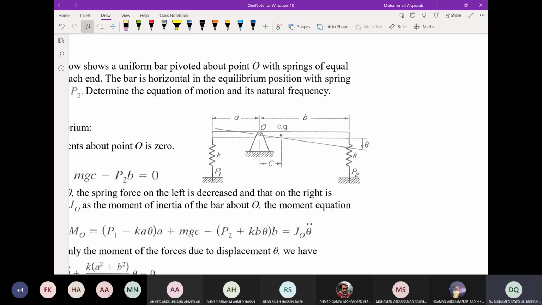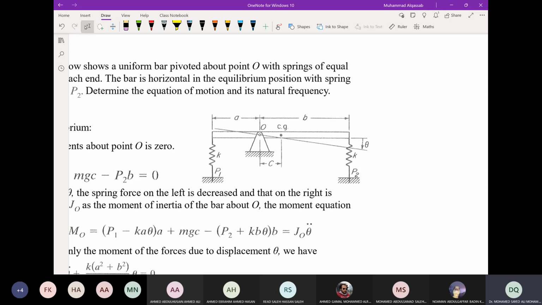One coordinate is enough, which is theta, because the bar will stay straight during vibration as well. So it's not going to bend, and this makes the problem a single degree of freedom system, and it is rotating about the pivot point only.